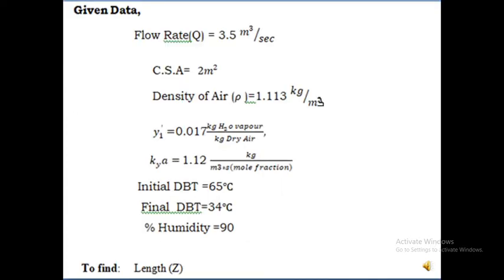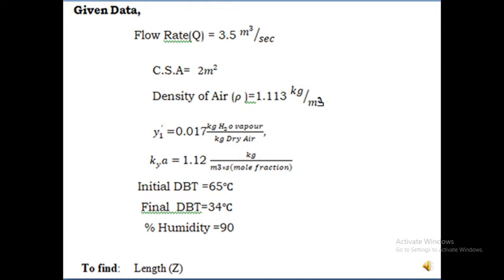Given data: flow rate Q is 3.5 cubic meters per second, cross-section area 2 square meters, density of air rho is 1.113 kg per cubic meter. Initial humidity Y1' is 0.017 kg of water per kg of dry air.